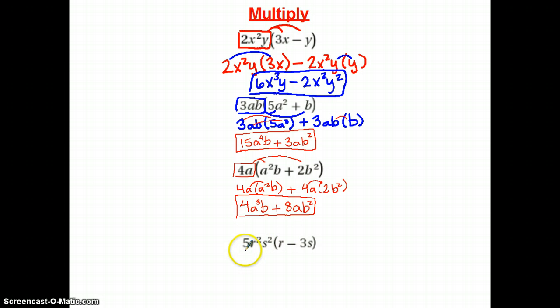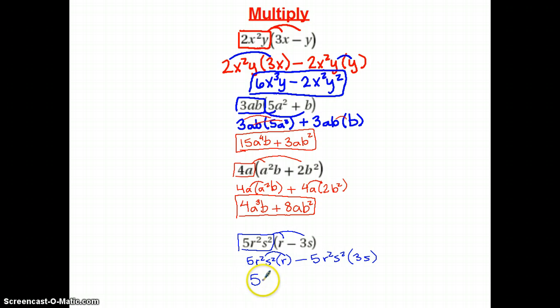Lastly on this page, take the 5r squared s squared and distribute to both terms inside the parentheses. I have 5r squared s squared times the first term of just r minus 5r squared s squared times the second term of 3s. My 5 does not multiply with anything, so I simply bring that down.